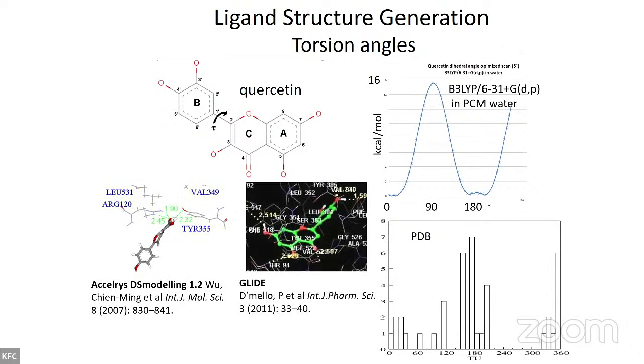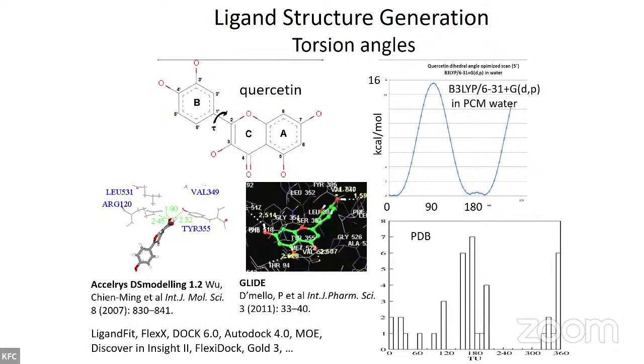But when we looked into the publications, you can see quite easily that this is 90 degrees. This is 90 degrees. So it's completely wrong. The major reason why they are wrong is that this bond, by the definition of the program, is single, and therefore the docking programs usually take it as fully rotatable. And from the steric clashes, it will end in 90 degrees, and therefore the molecule will be quite different at the end.